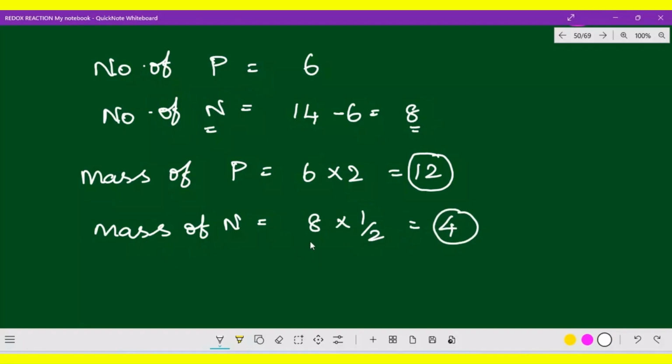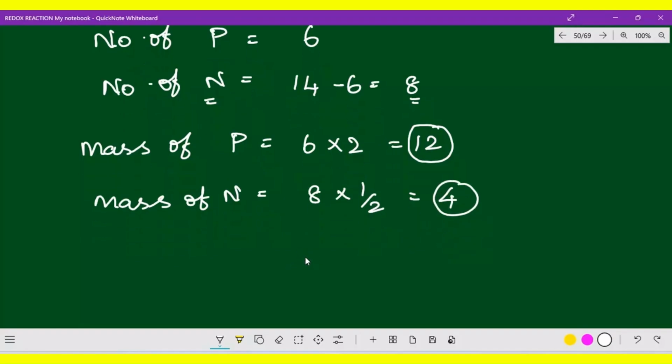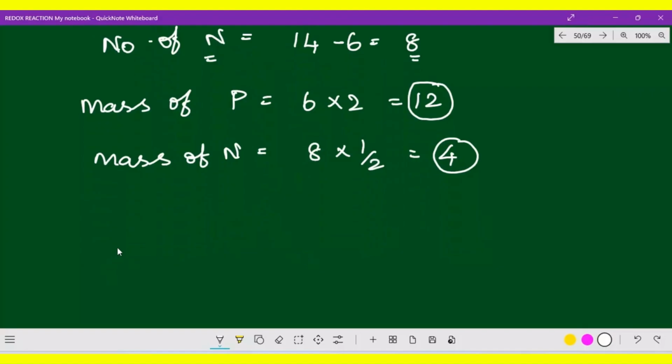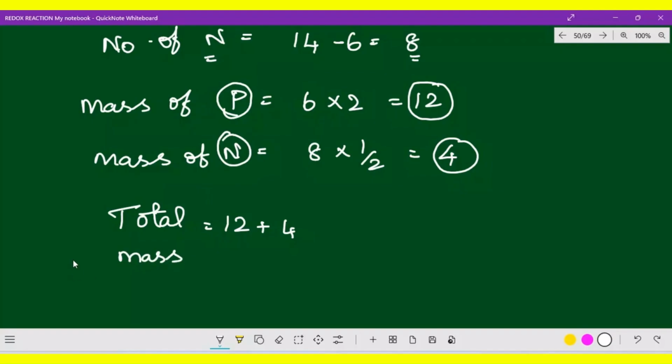So the mass of neutron is 4 and the mass of proton is 12. Now the total atomic mass is 12 plus 4, proton plus neutron, right? The total atomic mass is actually 16.